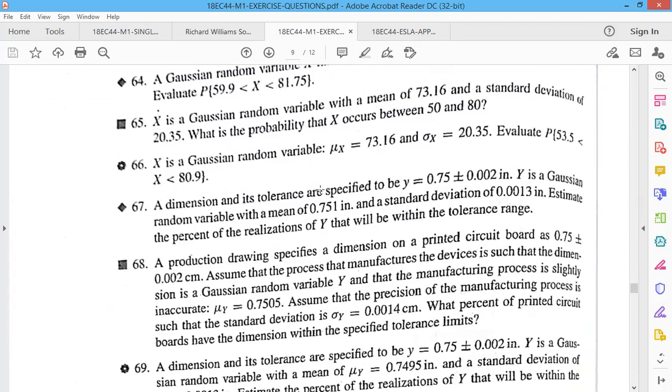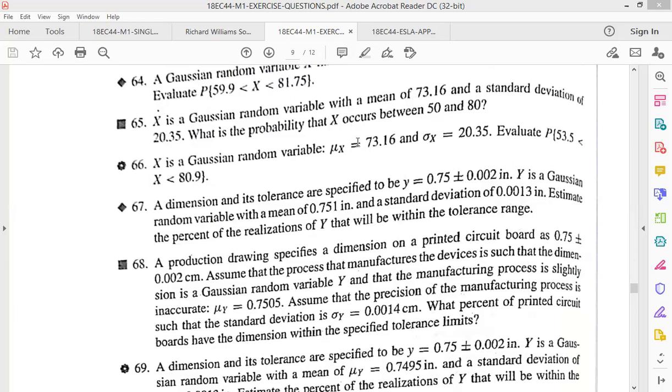Here X is a Gaussian random variable with a mean of 73.16 and a standard deviation of 20.35. As the mean and the standard deviation are given, what is the probability that X occurs between 50 and 80?